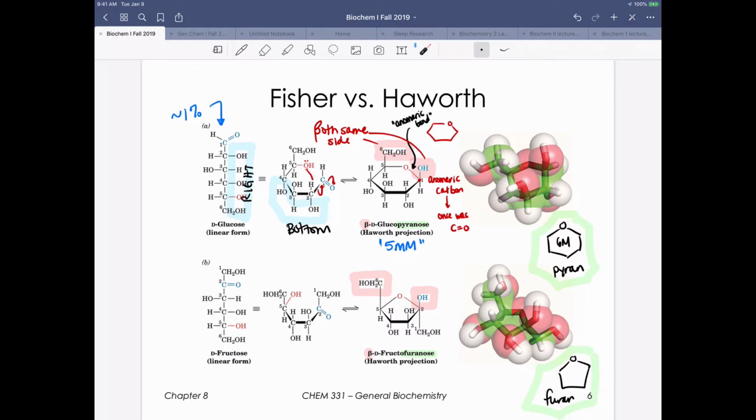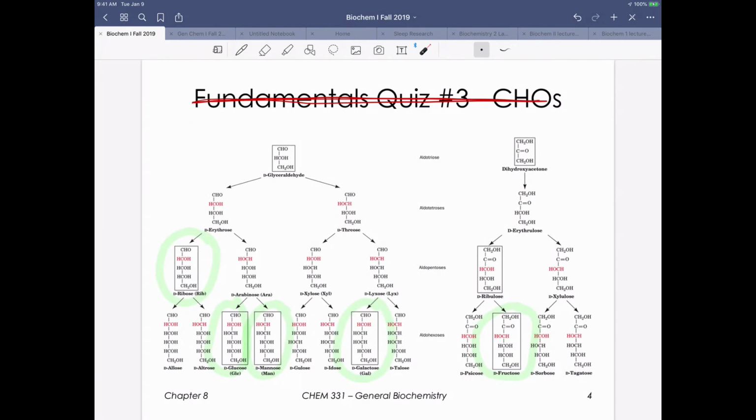One other thing to highlight that I didn't necessarily mention when we saw this slide is that all sugars end in OSE, but we classify this group of sugars as aldose sugars because they have the carbonyl containing functional group as an aldehyde. All of these are ketose sugars because we have the carbonyl containing functional group as a ketone.